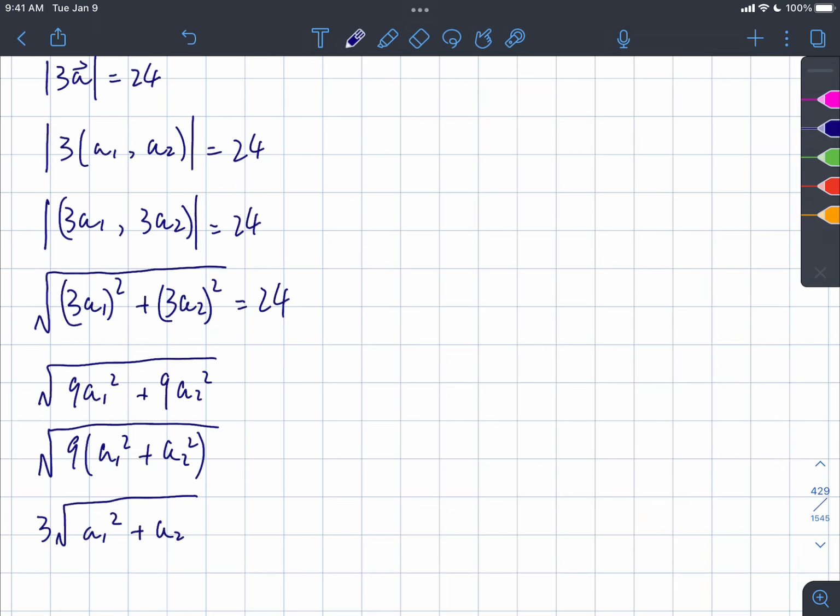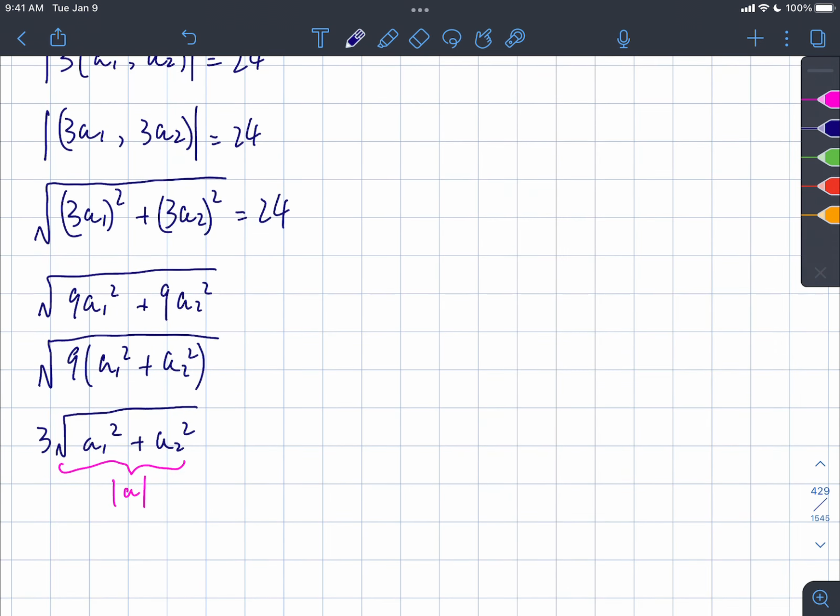But now if you look at it, the square root of a1 squared plus a2 squared is just the magnitude of a alone. So this just looks like 3 times the magnitude of a. What's convenient is that we know this is all equal to 24. So 3 times the magnitude of a is equal to 24, and you can find the magnitude of a alone: 24 divided by 3, which is 8 centimeters.